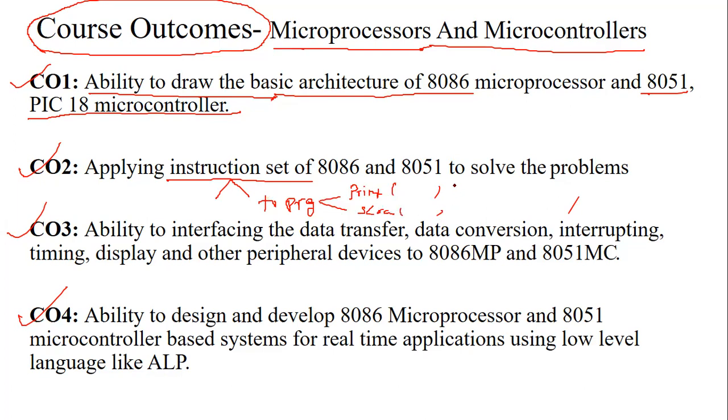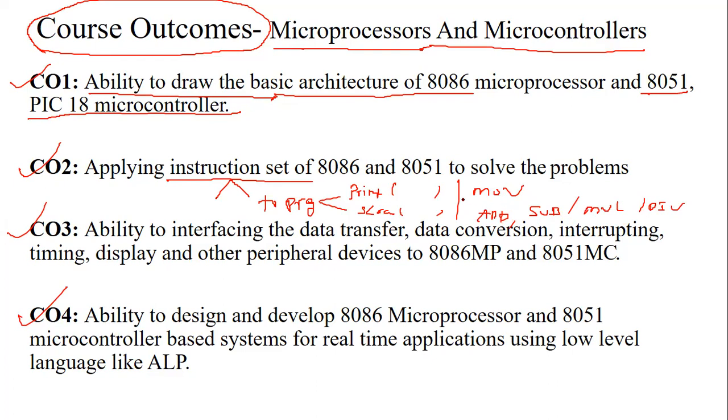Likewise, the microprocessor also has specific instruction formats: move instruction, add instruction, subtract instruction, then multiply instructions, then division instructions. Different types of instructions are there to write the programs.